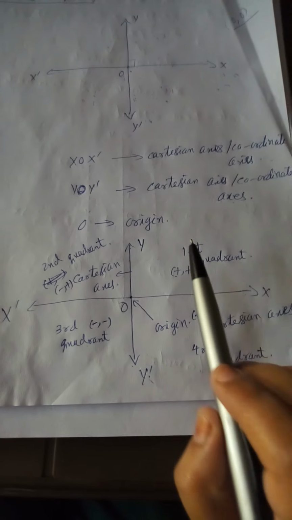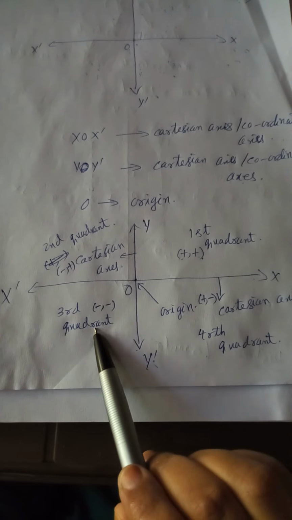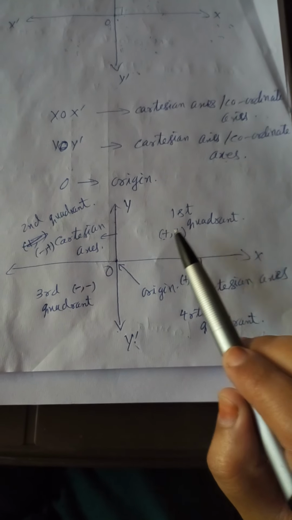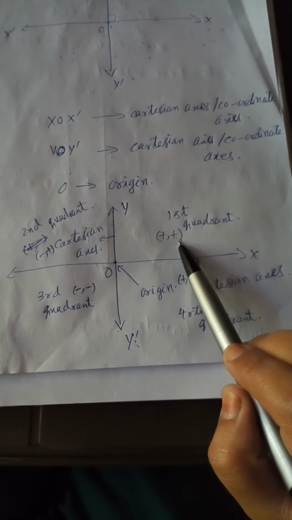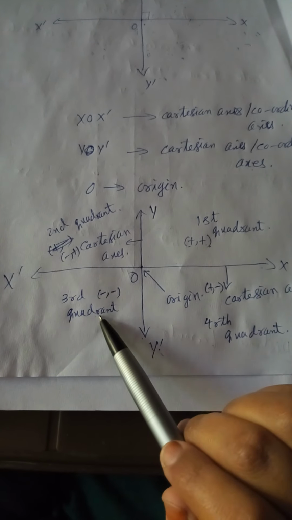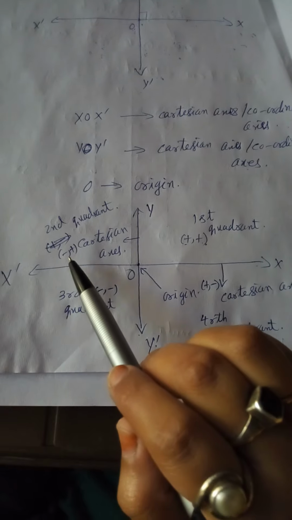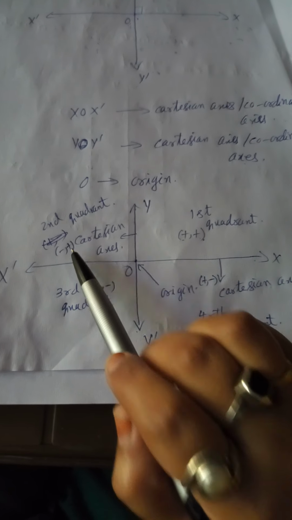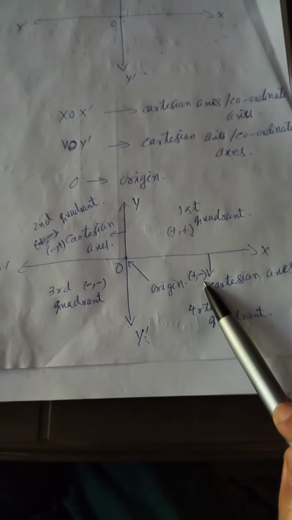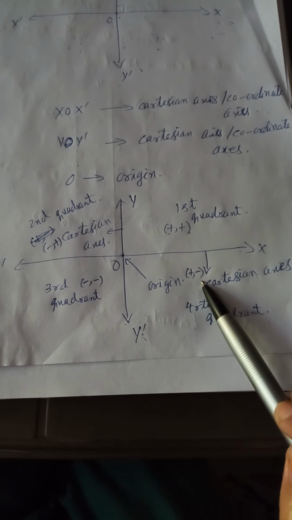See, I am drawing one figure. First quadrant is plus plus, that means x and y values are both positive. If x and y are both negative, then we plot in the third quadrant. If x is negative and y is positive, then the second quadrant. If x is positive and y is negative, then the fourth quadrant.